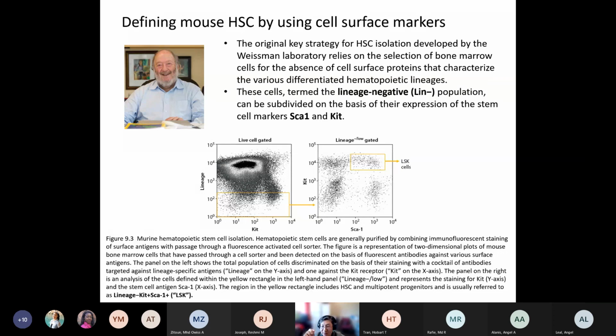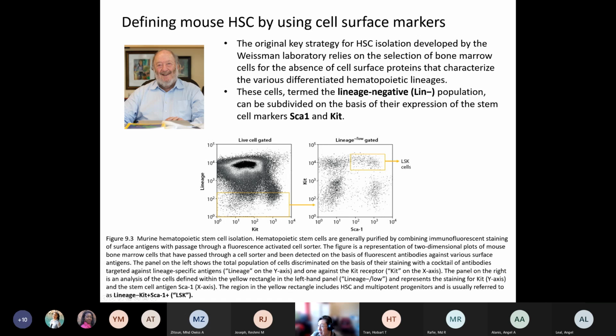You put antibodies against those in staining. And now, if the cell expresses any of those markers, they will show positivity, lineage positivity, right? So in this plot, if you move along the y-axis, you move up, that means the lineage markers are positive, okay? So this big chunk of cells right here would be the cells that express at least one of the lineage markers.